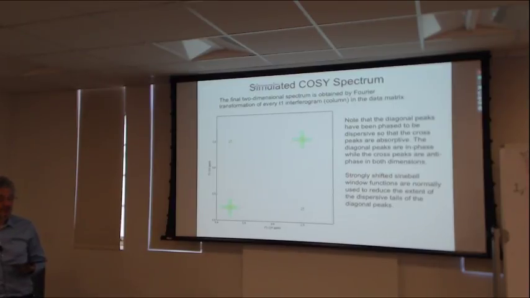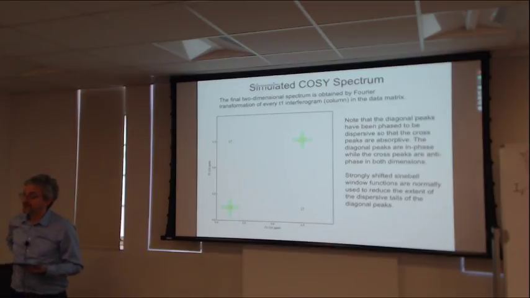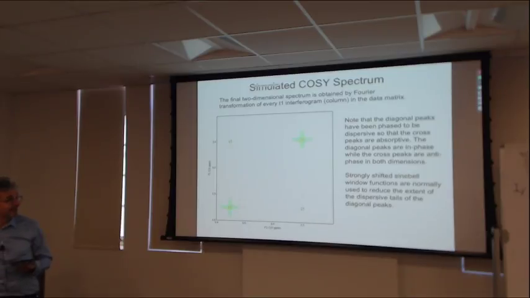Now, when we looked at the operators and sines and cosines, we would have decided that the diagonal peaks were absorptive, and the cross peaks were dispersive. But that's inconvenient. The dispersive line shape has these horrible tails. So usually after the fact, we then phase shift by 90 degrees.